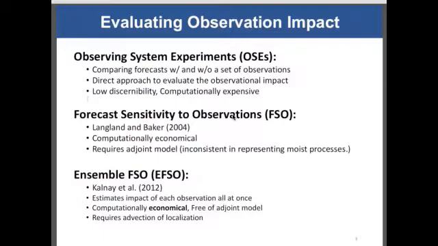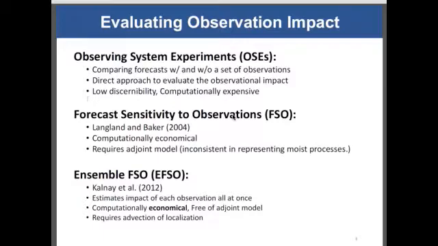So to resolve this issue, Langland and Baker developed the forecast sensitivity to observations to provide a method that is computationally efficient to evaluate the observation impacts. But the problem is that it requires an adjoint model. So in a report from ECMWF, they reported that there are inconsistencies in representing the moist processes in their adjoint model.